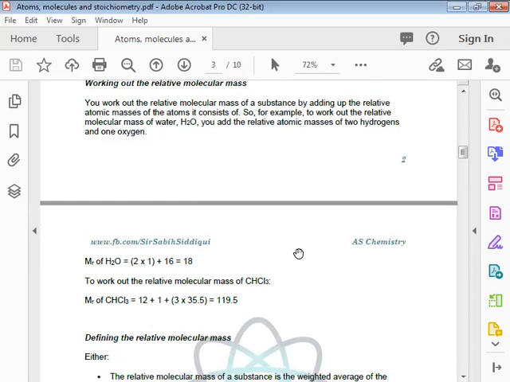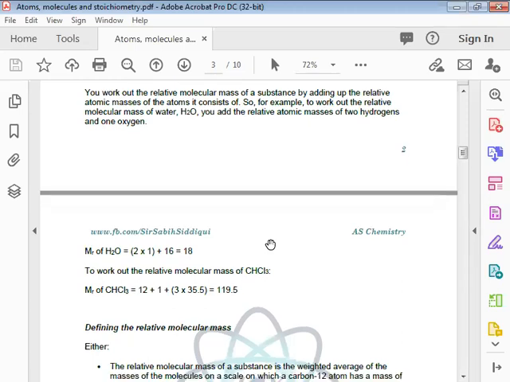Carbon is 12, hydrogen is 1. And chlorine is 35.5. This is how we can figure out relative molecular mass, but be very careful to use this term only when you are concerned with molecules. If it's an ionically bonded substance, do not use the term molecular mass.